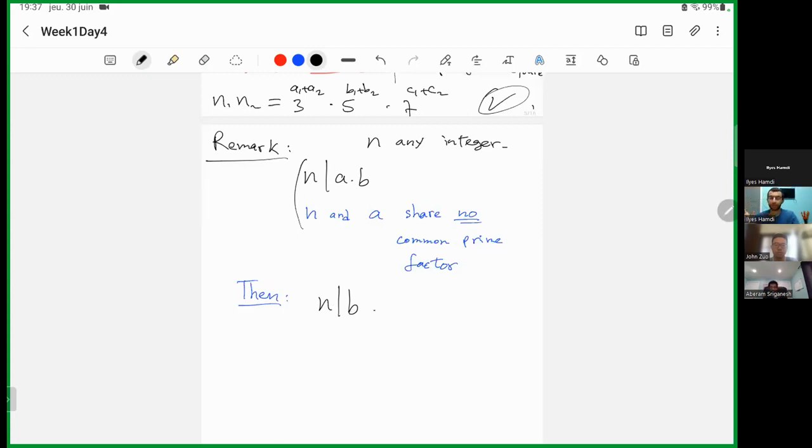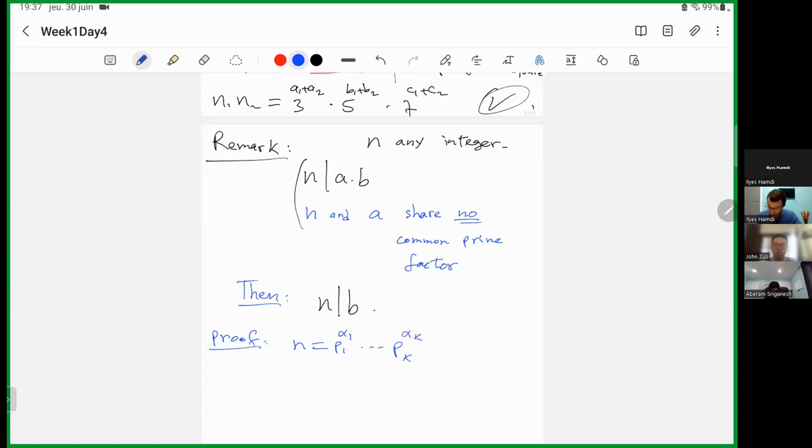So let's see why by using the prime factorizations of n, a, and b. Let's try and do this. I think this is the best way of seeing it and proving it. So let's consider their prime factorizations. Actually, I don't necessarily need to use the exponents, but let's use them because this is the general form.